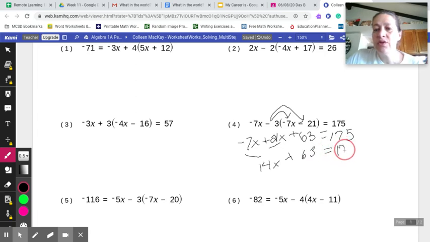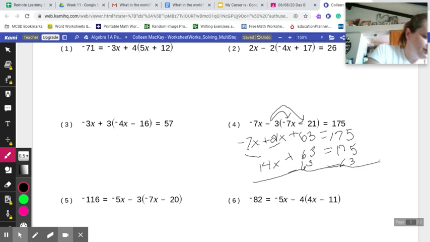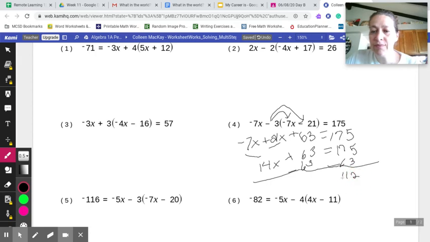Okay. So the next step we're going to do is we're going to move the 63 to the other side. So I'm going to subtract 63. It's 112, and that equals 14x.